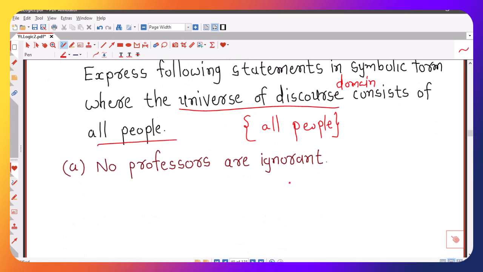First statement is no professors are ignorant. That means whenever someone out of this set is a professor, then he or she cannot be ignorant.